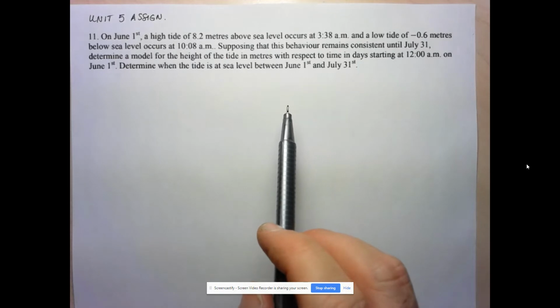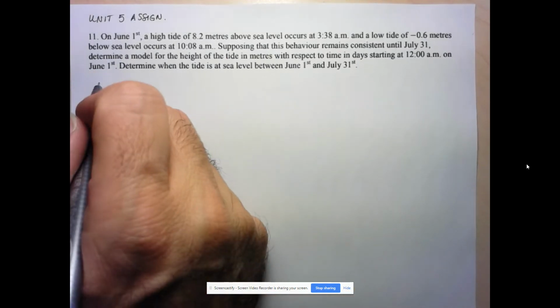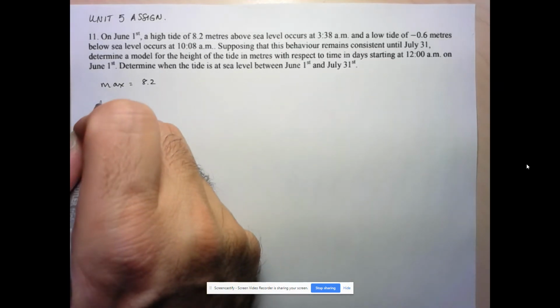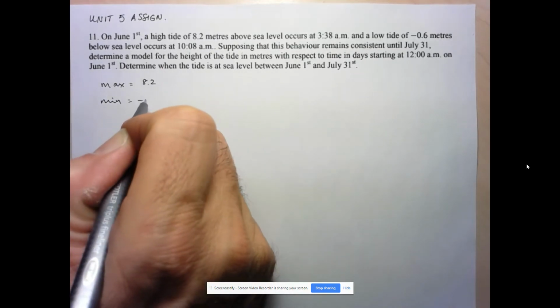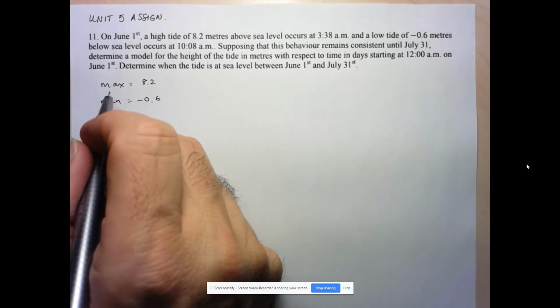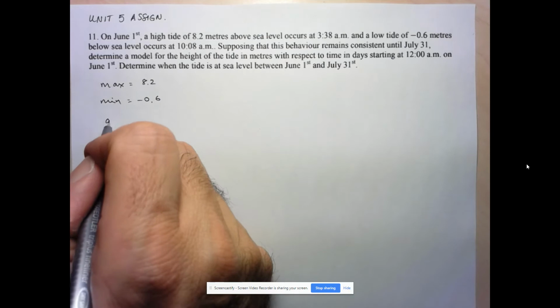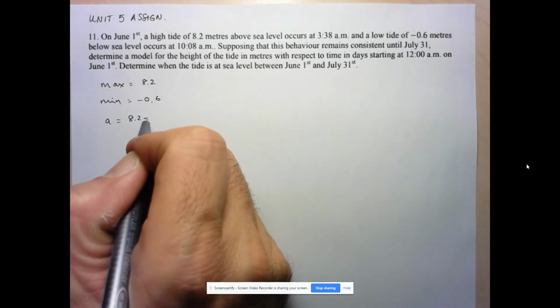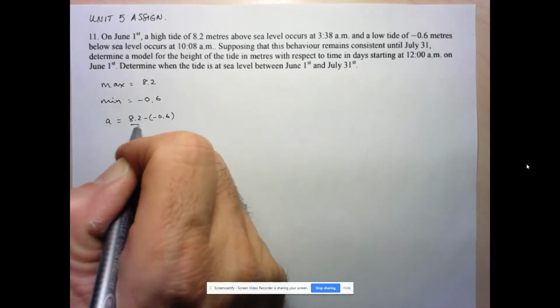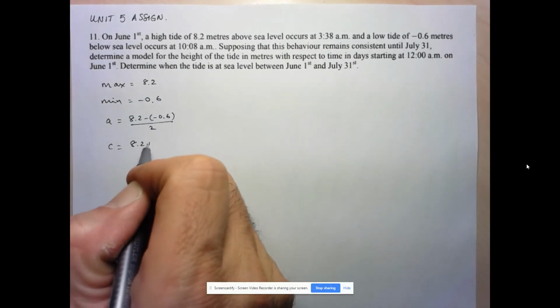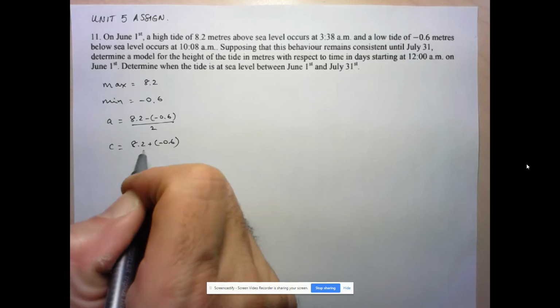All right, so let's get started on finding the model. We have our maximum of 8.2 and our minimum of negative 0.6. From these two, we can find the A and C values of our model. A is just going to be 8.2 minus negative 0.6 over 2, and C is going to be 8.2 plus negative 0.6 divided by 2.